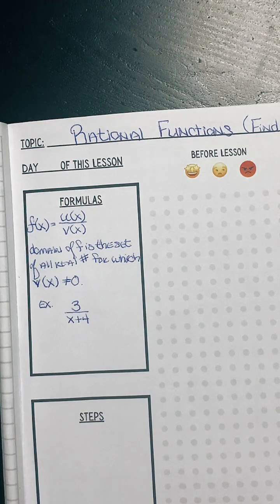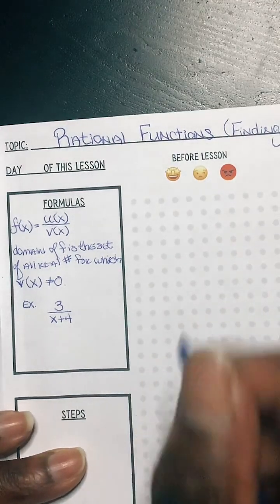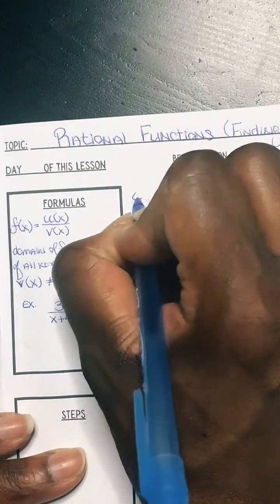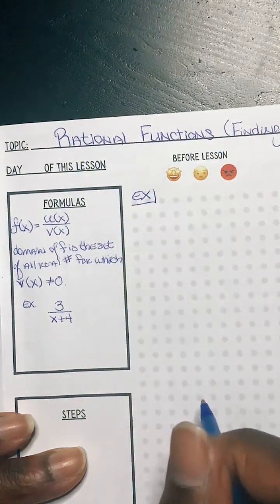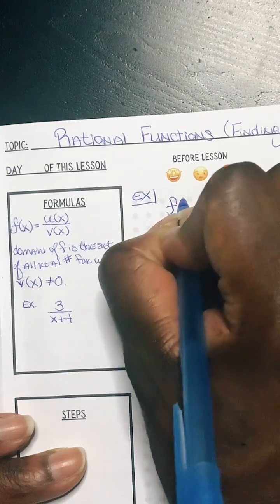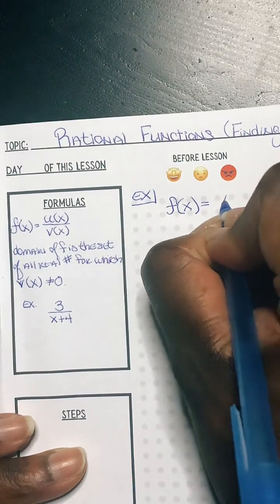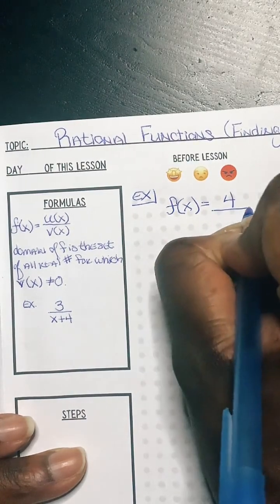So when we are trying to find our domain, I want to know what's going to make my denominator equal to 0. Because we never want to have our denominator equal to 0, that is going to be a null set. Can't do it.